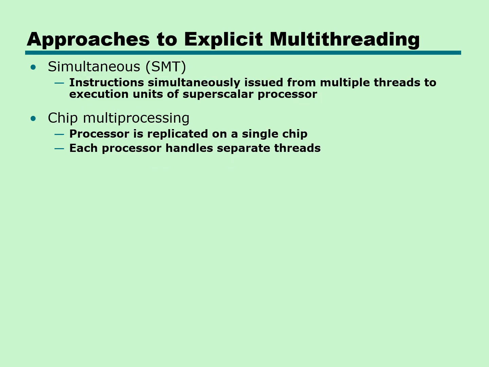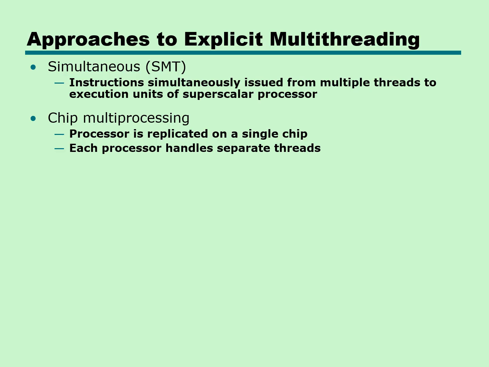We also have simultaneous multi-threading, where instructions are simultaneously issued from multiple threads to the execution units of superscalar processors. So when there are multiple issues, each issue can have a separate thread. And then you also have chip multiprocessing. The processor is replicated on a single chip, and each processor handles separate threads.